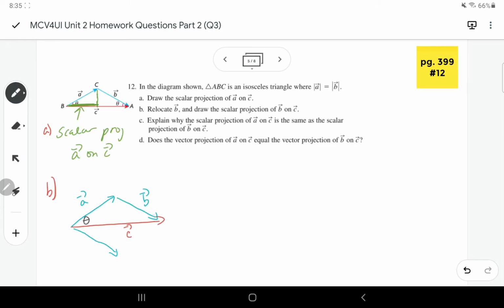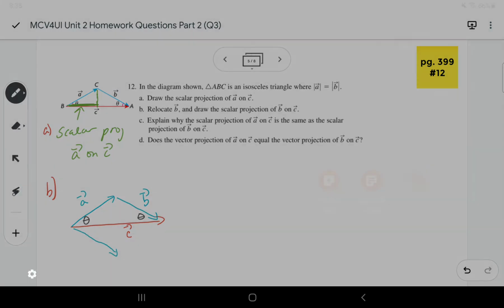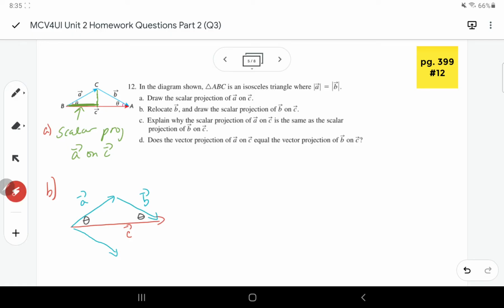So this theta here, we would be able to see that because of the Z pattern there, hopefully you guys can see my highlighting well enough, that theta there would be the same value down here.